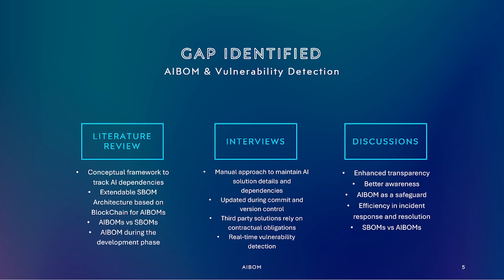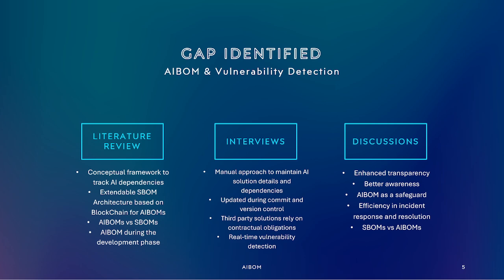The issue that organizations face is if they were to procure AI solutions from third parties, because more often than not, third parties would not provide something like an AI bill of materials for the solution that they are selling to the organization. So parties have to rely on the contractual obligations if there was an exploitation because of a vulnerability that existed within the solution which was provided.